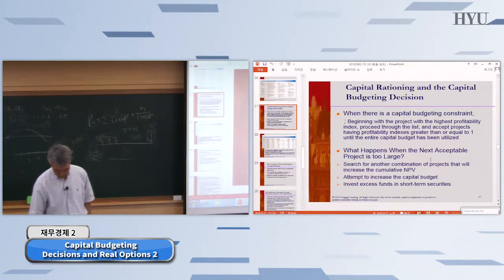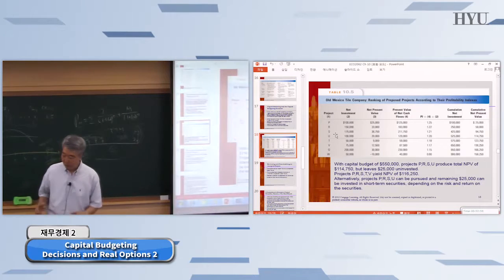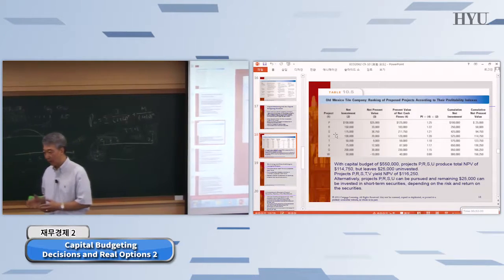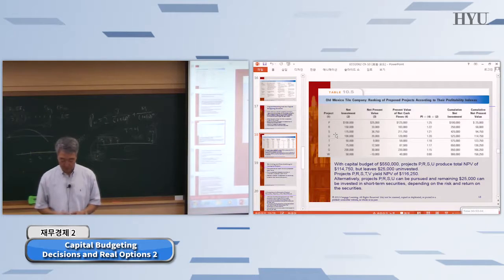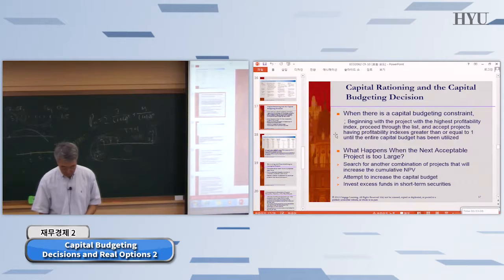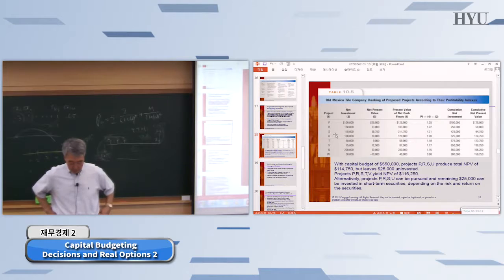So what we're talking about here is, instead of PRSU, is there any other combination that comes within the budget and increases the total net present value? And they say apparently, here, PRSTV.